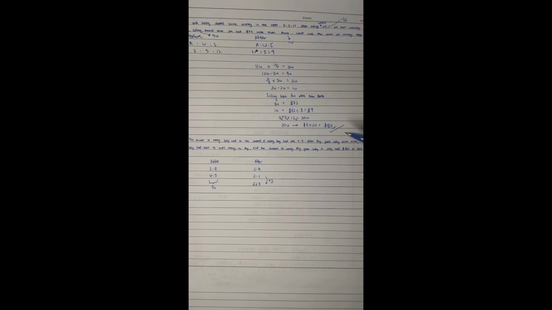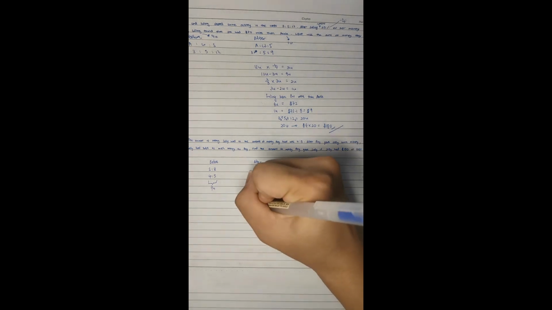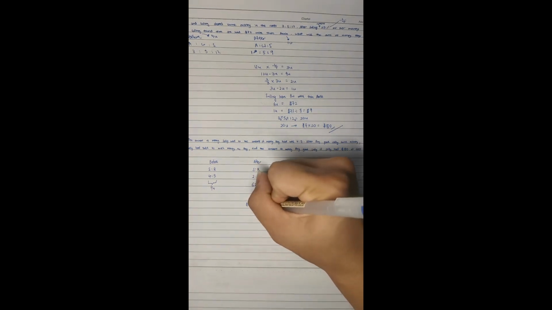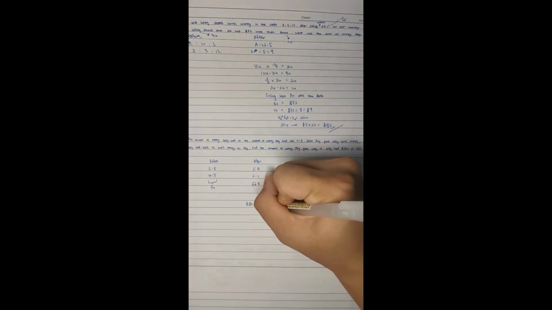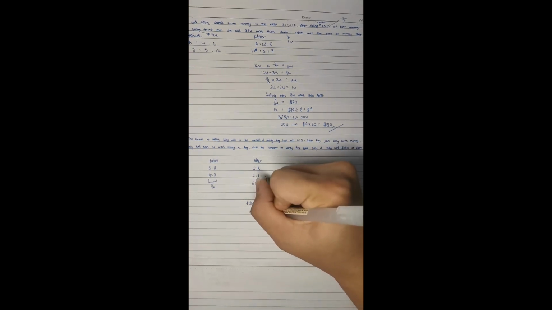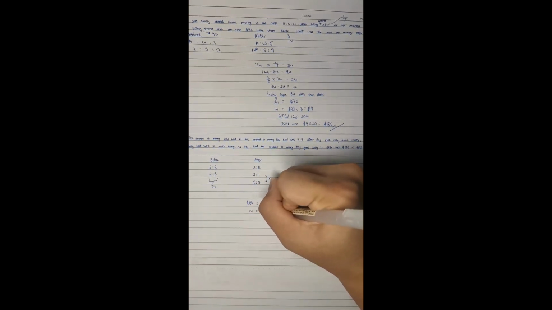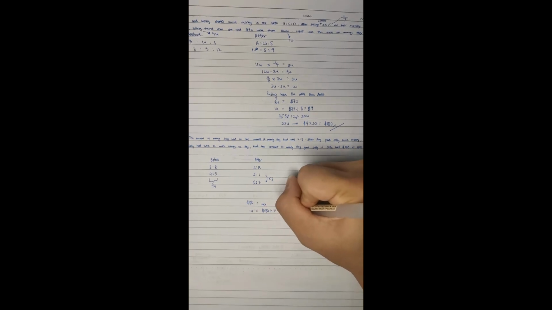So Sally should have 6 units, Roy should have 3 units at the end. So find the amount of money Roy gave Sally if Sally has $180 at first. So this $180 is equal to the 4 units, and 1 unit is equal to $180 divided by 4, which is $45.